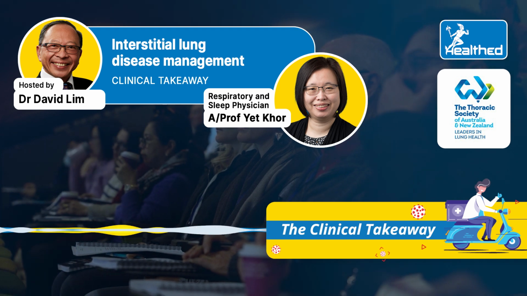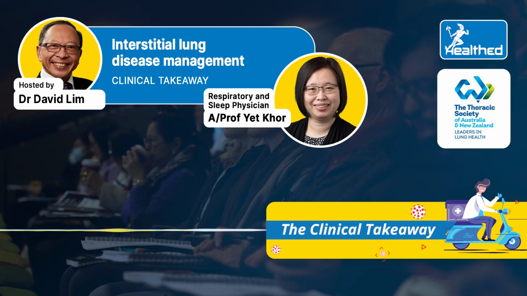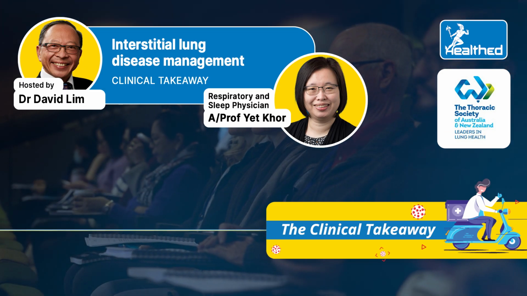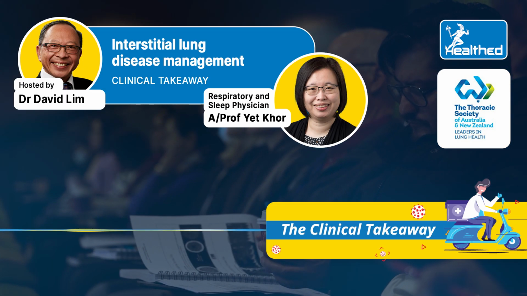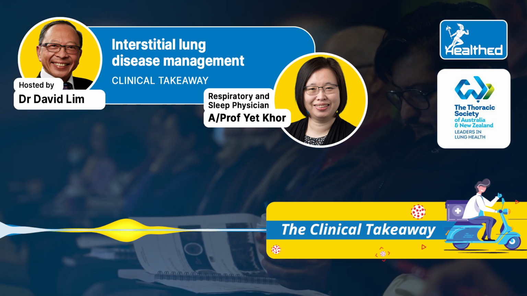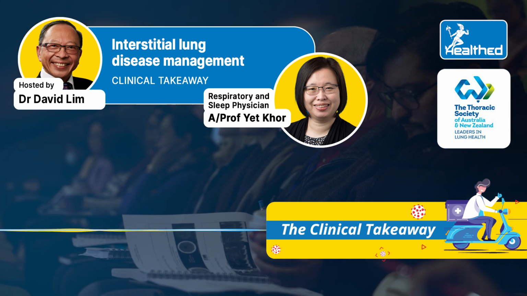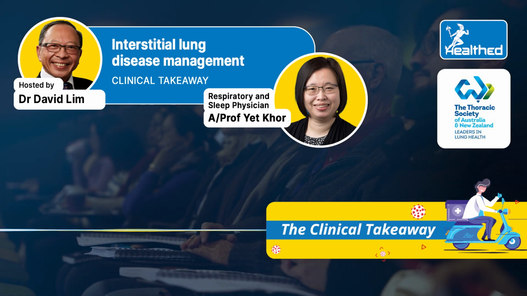The common things that you might encounter in general practice are those associated with autoimmune disease, such as rheumatoid arthritis, scleroderma. The patients already have those diagnoses coming in with respiratory symptoms, getting more breathless. Then that's a red flag to say they might have developed extra-articular involvement in their lungs.